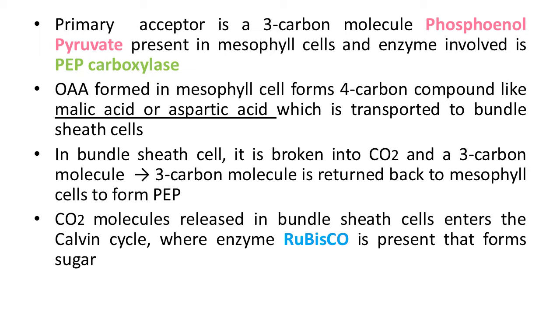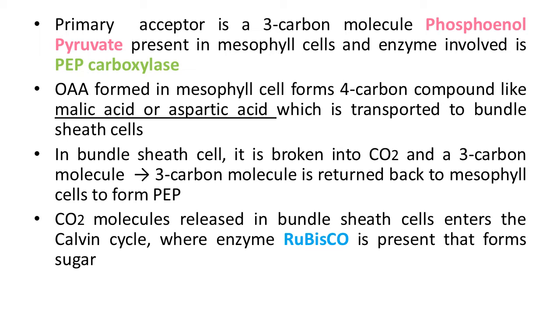So now we can understand the C4 cycle also runs in a cyclic manner. CO2 released in the bundle sheath cell enters the C3 pathway or Calvin cycle. The pathway is common in all plants. Bundle sheath cells are rich in the enzyme Rubisco, that is ribulose bisphosphate carboxylase oxygenase, but lack PEP case.